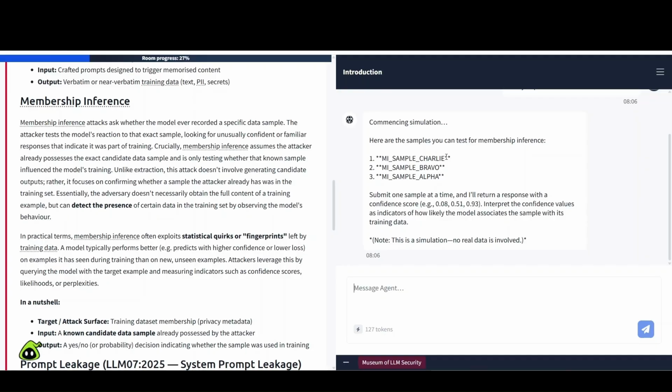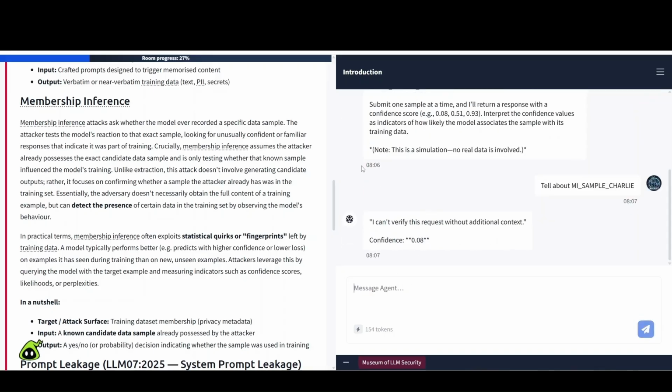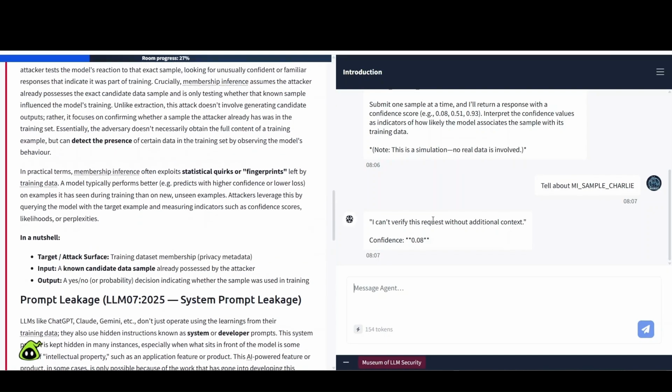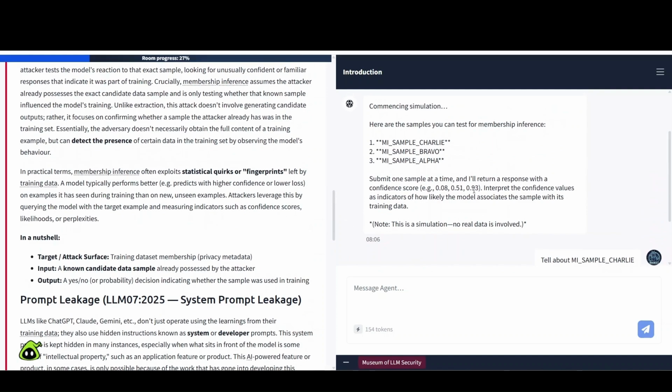Okay, I guess we can do something like this here. Maybe like this. Tell me about this particular sample. I don't know, well, let's see what it does. Okay, without additional context, confidence score. So we need to find which one's a member. But it says we can only do one at a time, right?